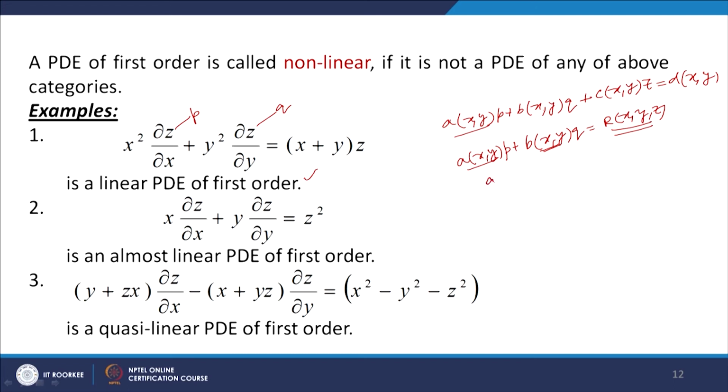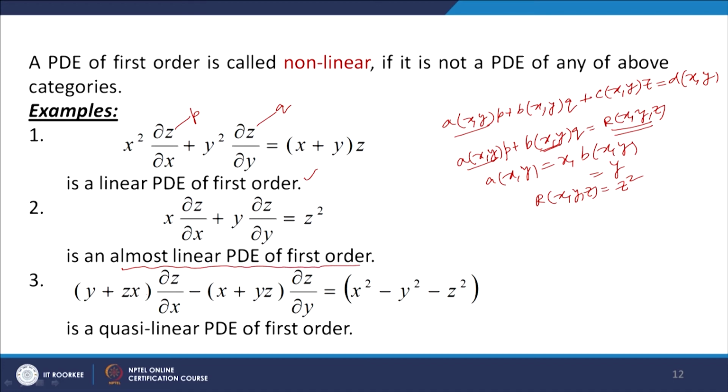So a(x, y) here is x, b(x, y) is equal to y, and R(x, y, z) equal to z square. So, this is an almost linear PDE of first order.